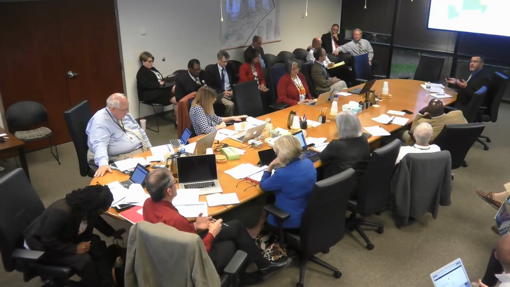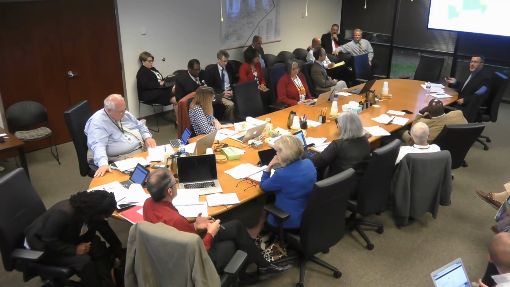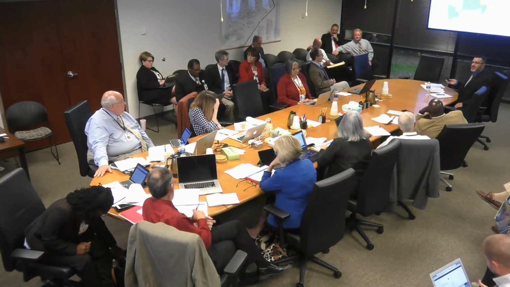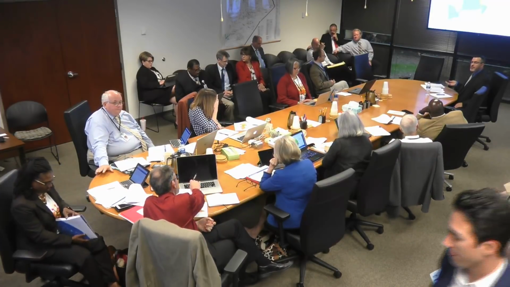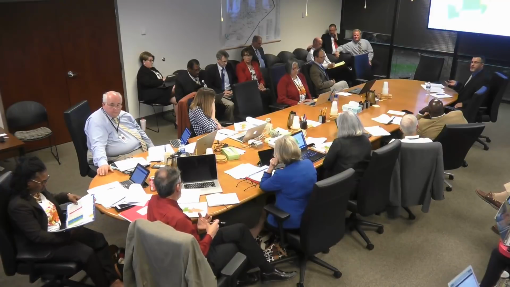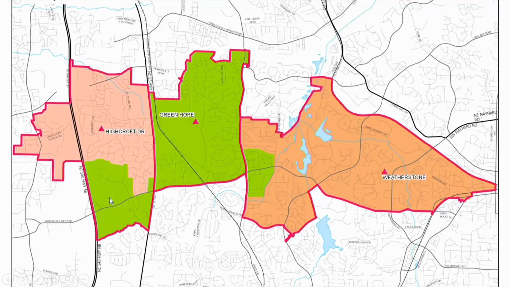So when we looked at this in draft 1 and 2, we proposed that this area from Weatherstone be assigned to Green Hope, and then this area from Highcroft. That would also provide feeder pattern consistency for the family. If they were assigned to Green Hope, they would also be assigned to Davis Drive Middle School. But the area coming out of Highcroft would be at Green Level High School, which is a different feeder pattern.